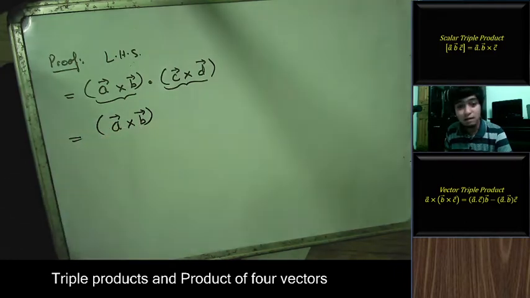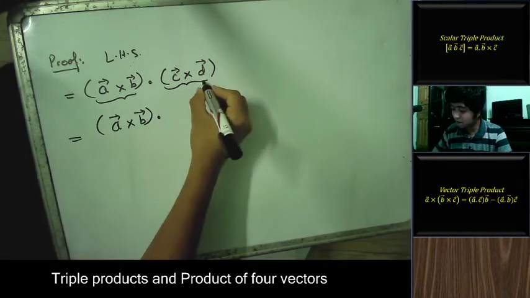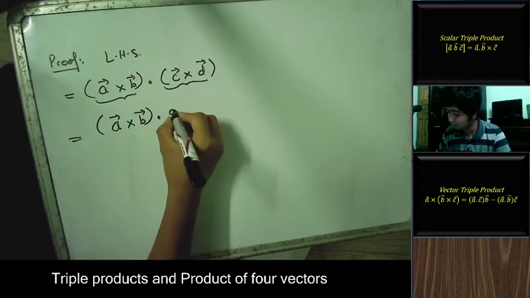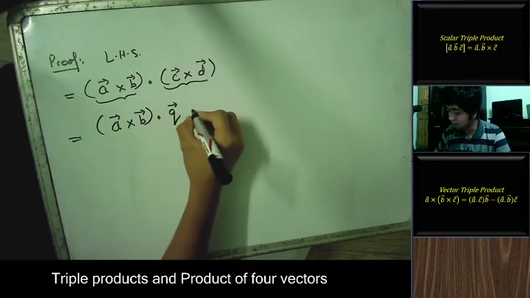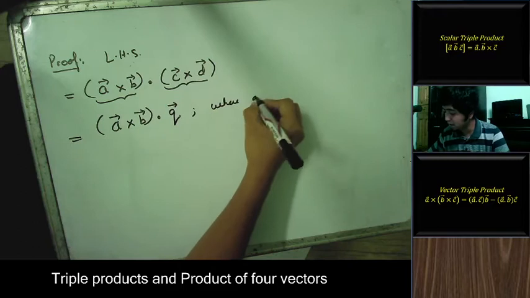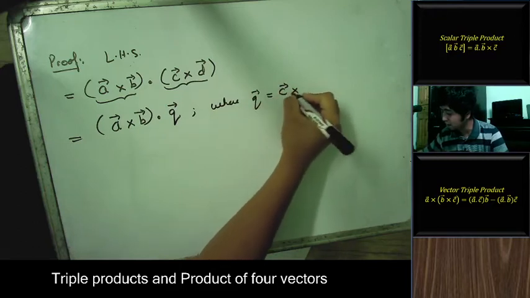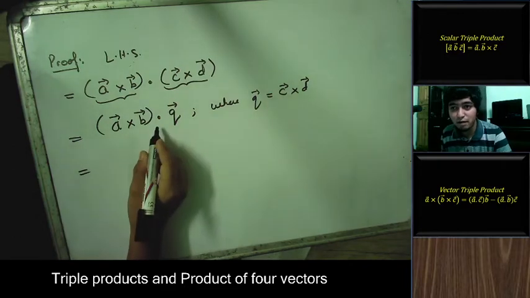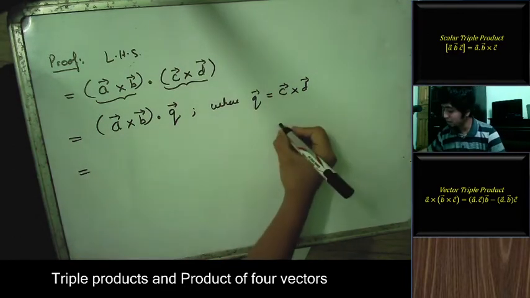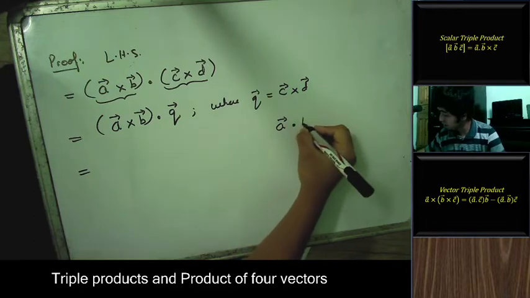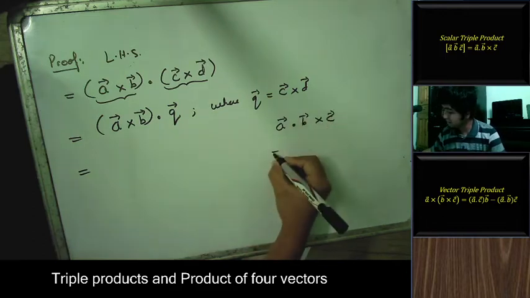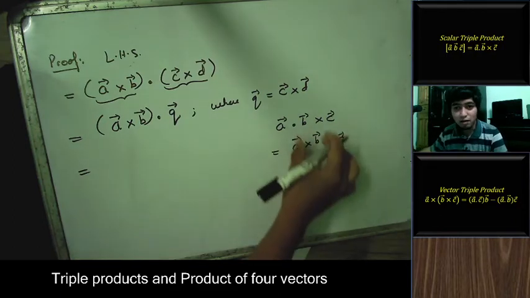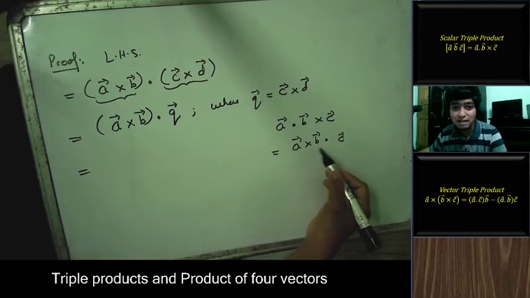A cross B dot, instead of C cross D, I will write it as Q, where Q equals C cross D. Now this is actually a triple product, because if you remember, in a triple product A dot B cross C, we can easily write this as A cross B dot C, because the dot and the cross can be interchanged in a triple product.